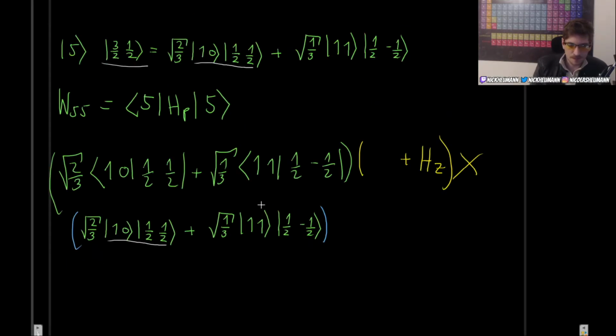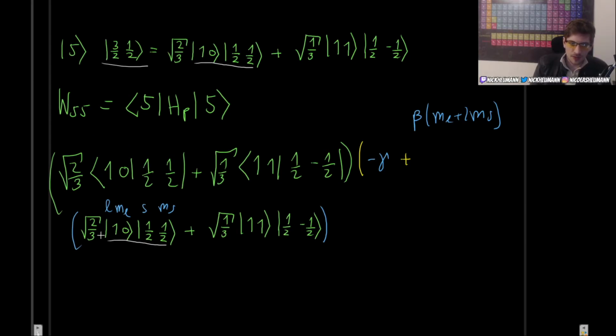So this is going to be minus gamma. And then we have the Zeeman contribution, which is going to be beta times (ml plus 2ms). Now remember, this is L, ml, s, ms, and the same here. So if we now determine that, this is for the first part, right? Maybe we should multiply through just to make sure that this is completely clear.